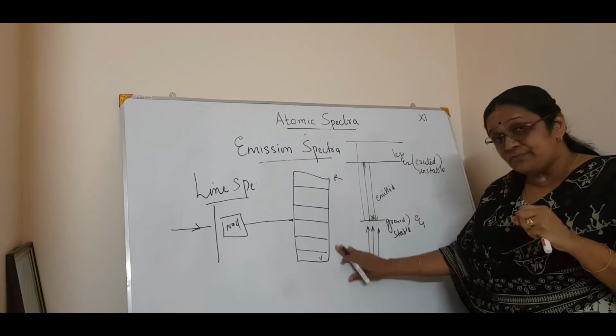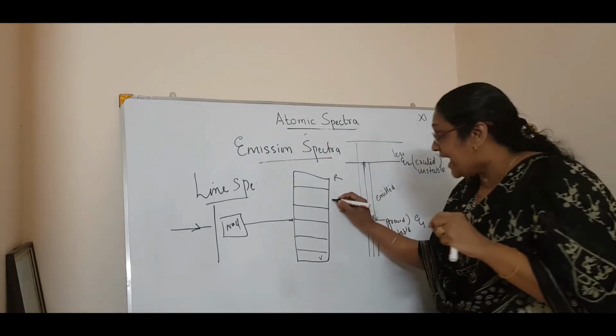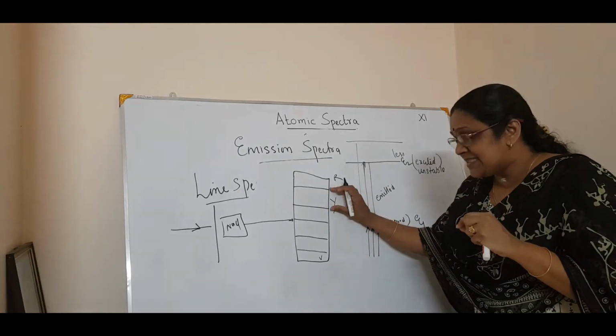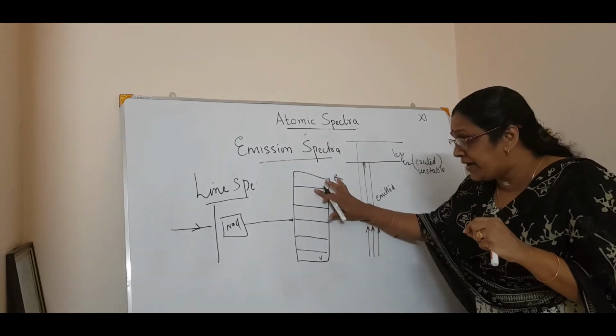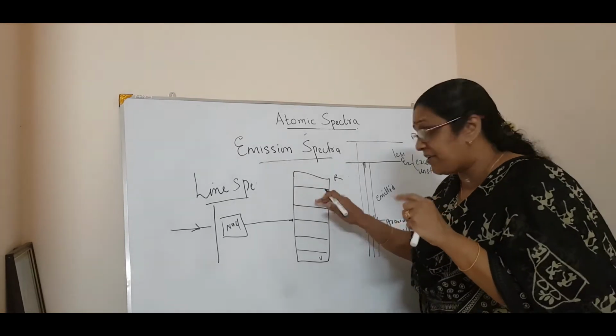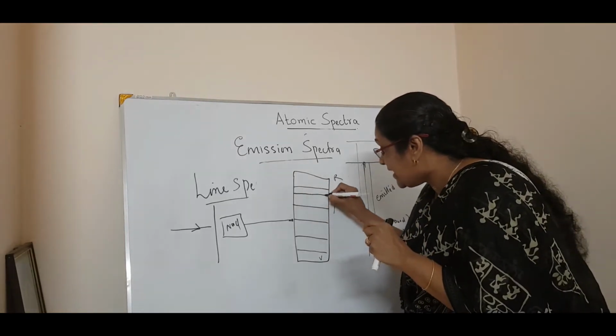Now in this VIBGYOR, listen, in the yellow region, this is continuous, correct? Only one yellow you see. But what happens in this spectrum is it will get two lines like this.